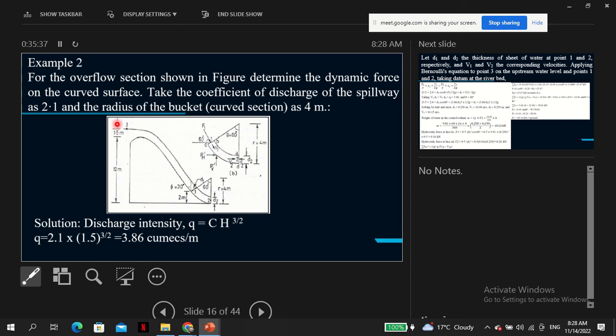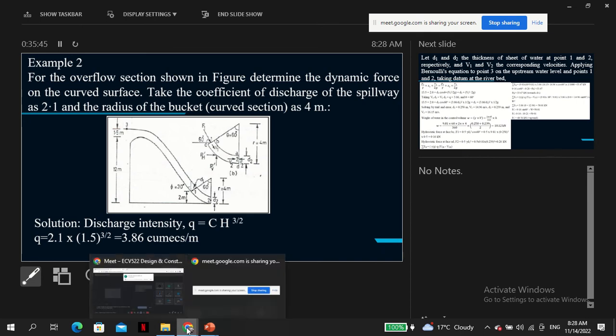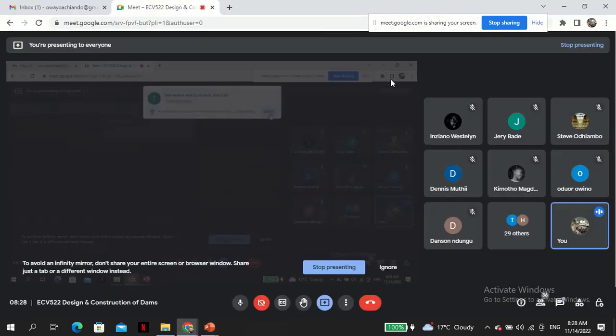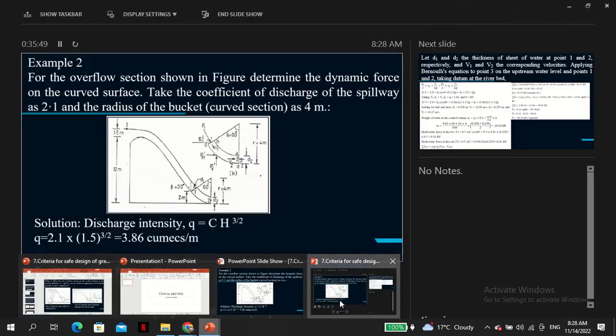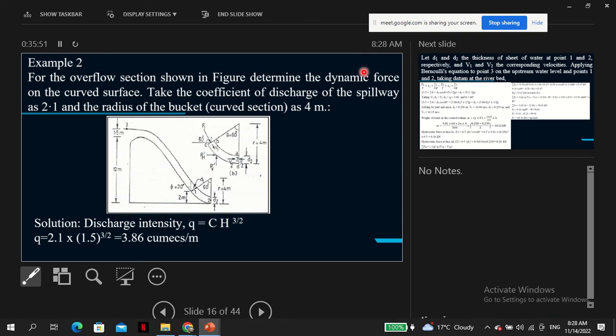So we move on. This is now to demonstrate the second part, the overflow section, how to deal with it. I believe it's going to be clearer if you see it with an example.